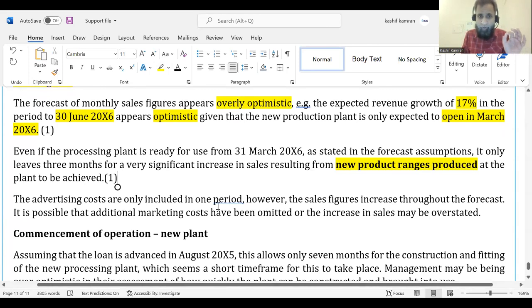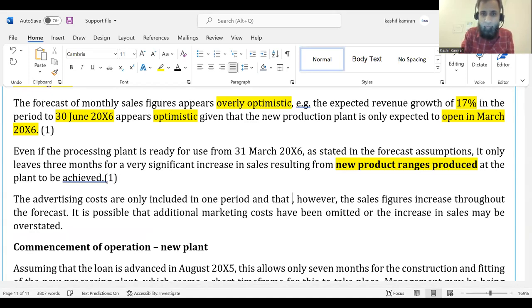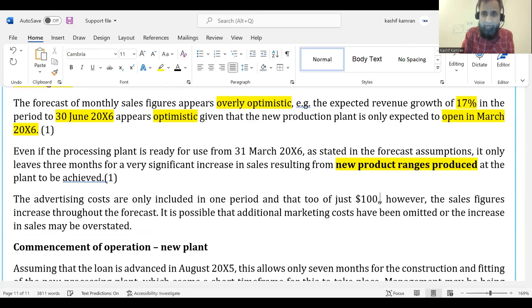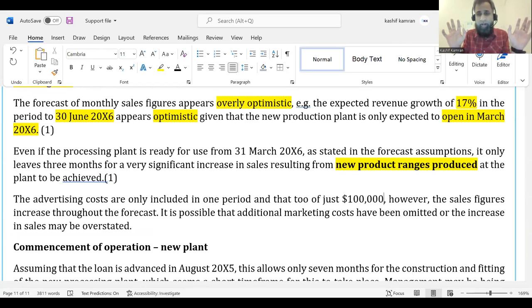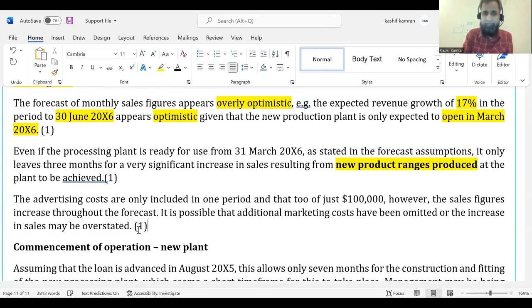The advertising costs are only included in one period, and that too of just $100,000. So either there is an understatement of a marketing cost, or there is an overstatement of sales, and you get 1 mark here. 3 marks out of 6.